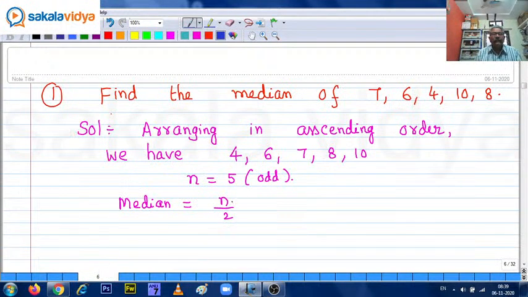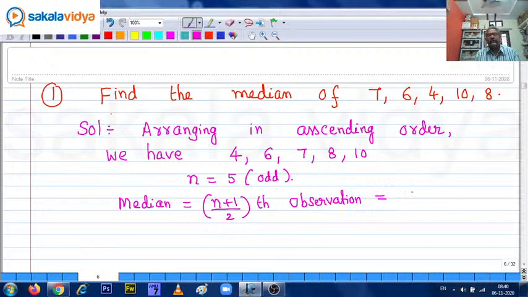Now this is the (n plus 1 by 2)th observation, so that is 5 plus 1, 6 by 2, equal to the third observation.